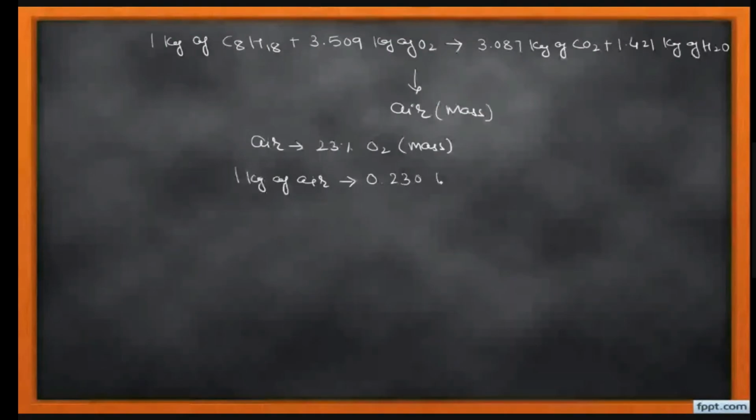It means 3.509 multiplied with 100 divided by 23, so we get 15.25 kg of air to burn 1 kg of petrol.